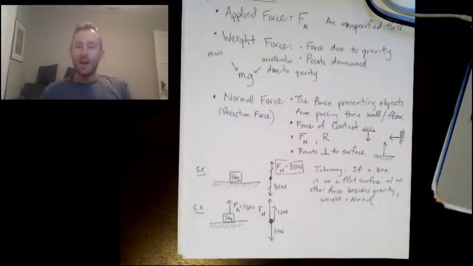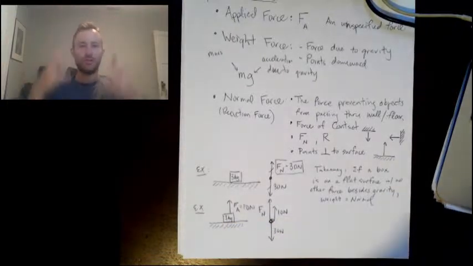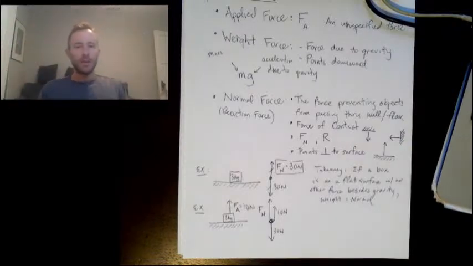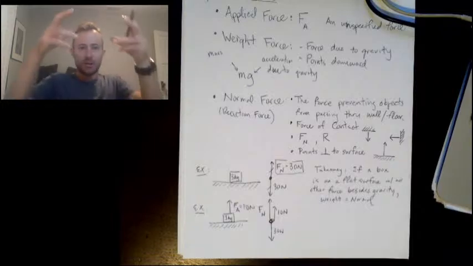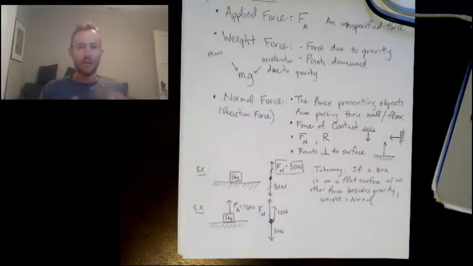And again, what happens if the amount of upward force is greater than the amount of downward force? Well, in that case, we would have the box jumping up into the air. If we have more downward force than upward force, then the box is going to get crushed into the ground. So the only sensible option is for the upward force to equal the downward force.